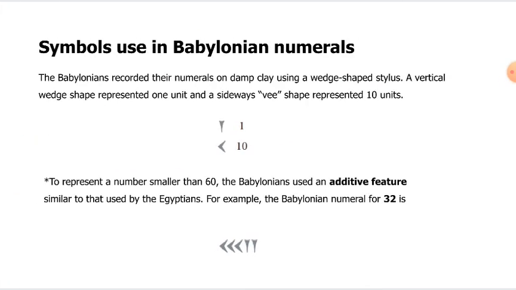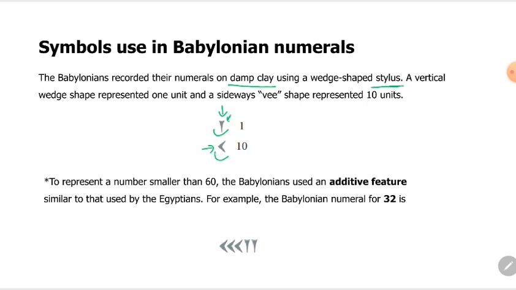What symbols do they use? If in the Hindu-Arabic we have 10 symbols from 0 to 9, in the Babylonian numerals, they only have 2. They look like this because they actually represent imprints. So they would record their numbers in damp clay, and they would use a form of stylus that will produce these imprints.